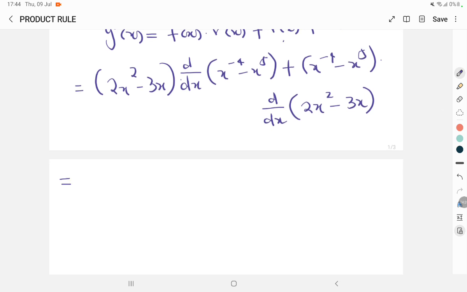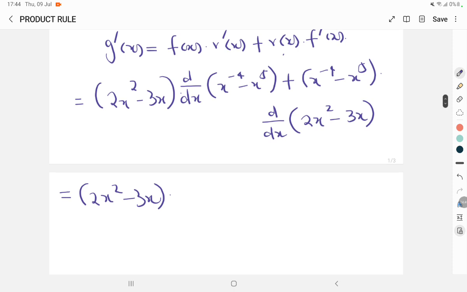So now we're done applying the product rule. What is left is for us to simplify using our maths, right? We keep this one constant, then we do the derivative of this function, which is going to be -4x to the power of -5 minus 5x to the power of 4, right?